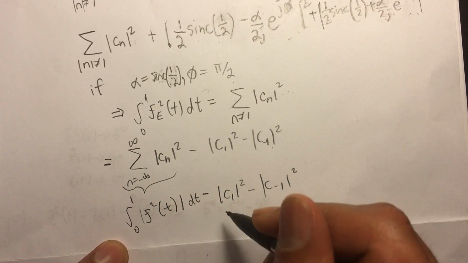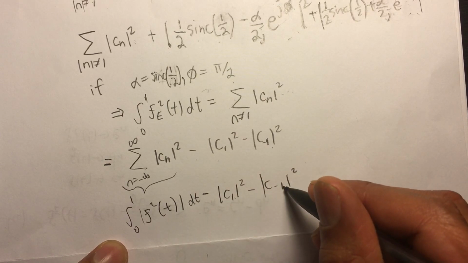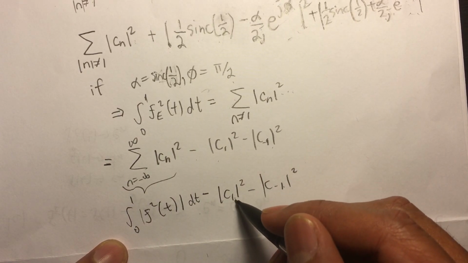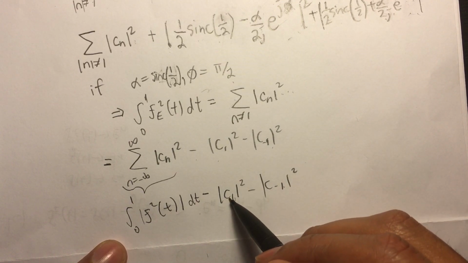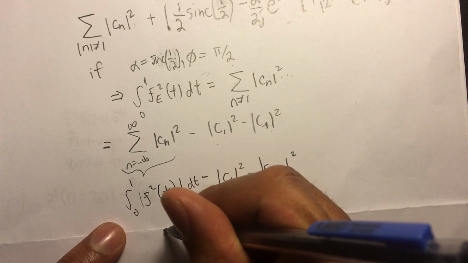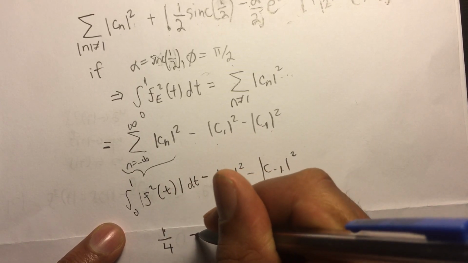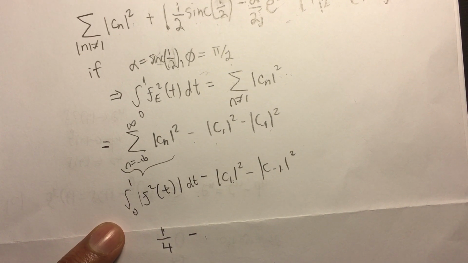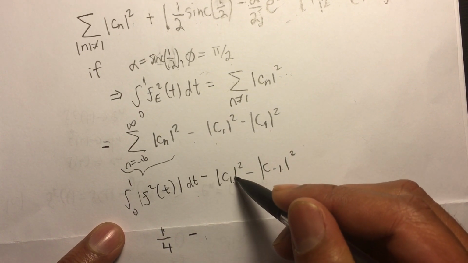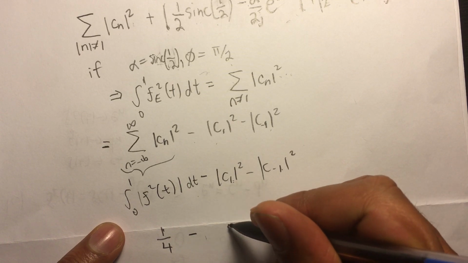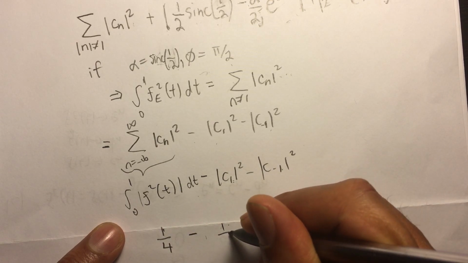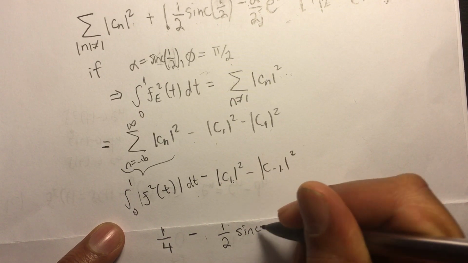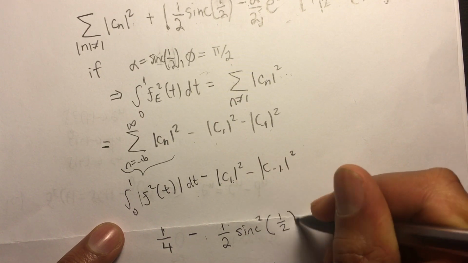Okay, and so this is equal to 1/4, and this we know is equal to 1/2 sinc 1/2. So we simplify this further, this is 1/4 and 1/4, so we get 1/2 sinc squared of 1/2.